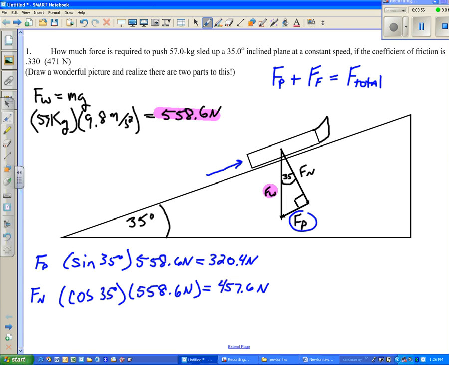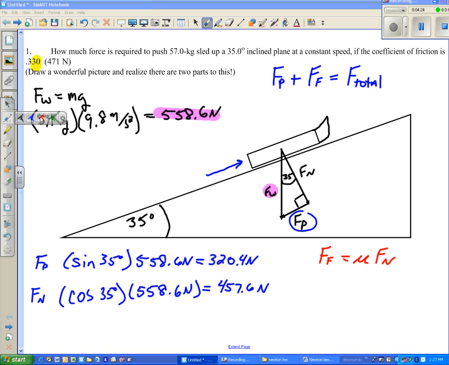Now, as soon as we see a coefficient of friction, which is our, well, beloved mu, we should be thinking about the frictional equation. And this friction equation looks something like so. We would say Ff equals mu times Fn. And you'll notice at this stage we have mu because the question shows us mu. Here it is, in all its glory, highlighted in yellow.